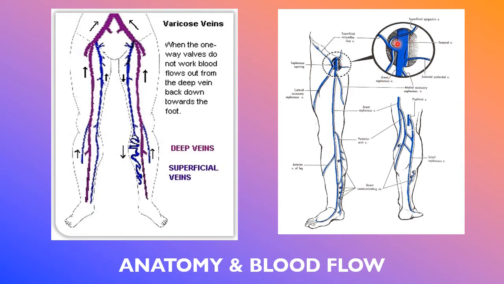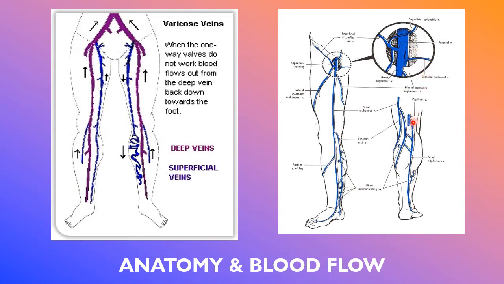At the saphenofemoral junction there is a valve that prevents the backflow of blood from the femoral or deep system into the superficial system. This is known as the saphenofemoral junction, which is very important when you examine a patient with varicose veins.